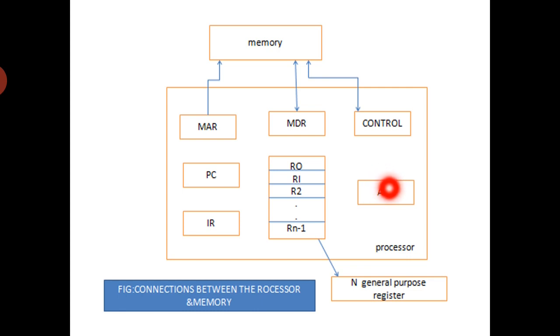After that, the ALU can perform the desired operation depending on the opcode in the instruction. Once the operation is completed, the result of this operation is to be stored in the memory.